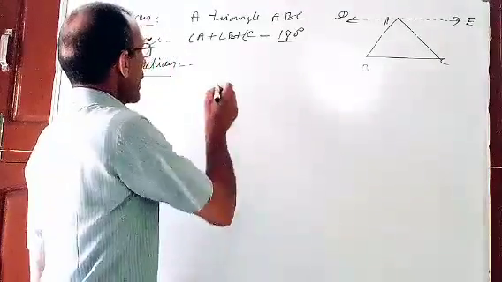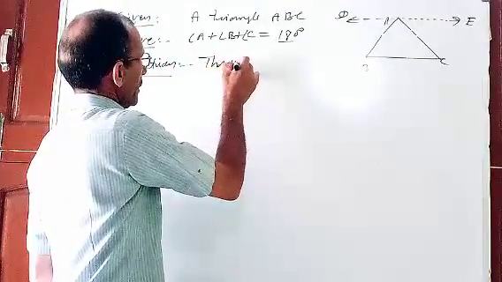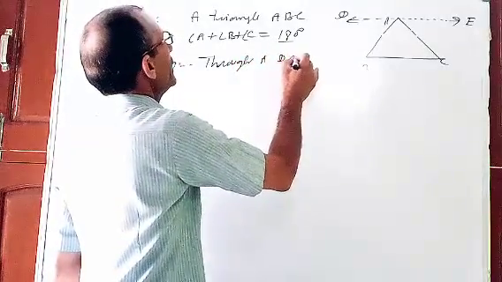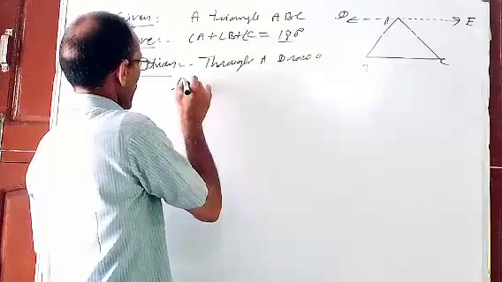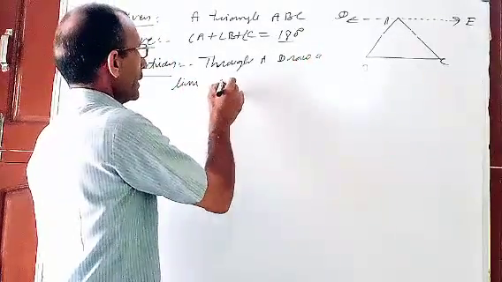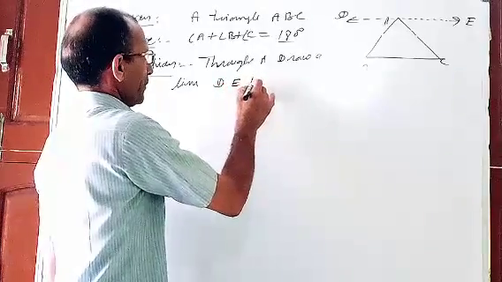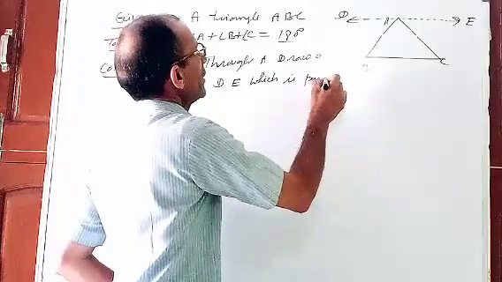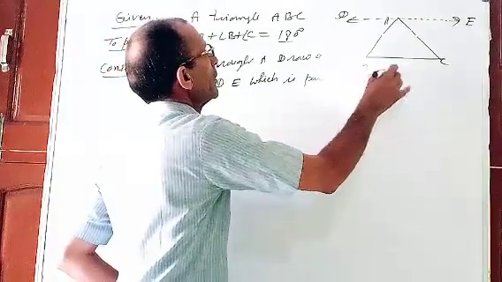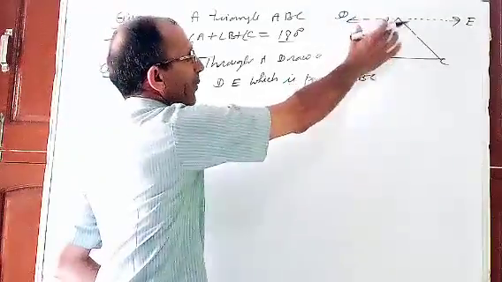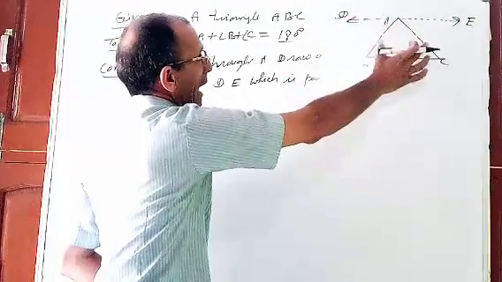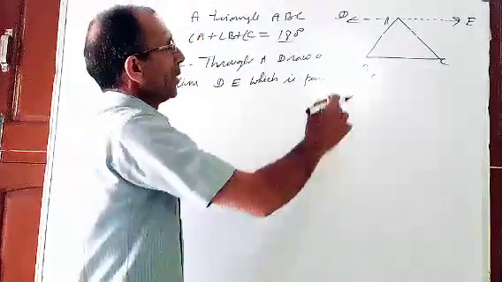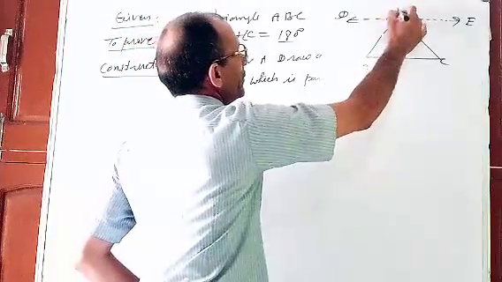Through A, draw a line DE which is parallel to BC. So what did I construct? Through A, draw a line DE which is parallel to BC. Up to here, any doubt, any confusion? So DE is parallel to BC. This is the point A.